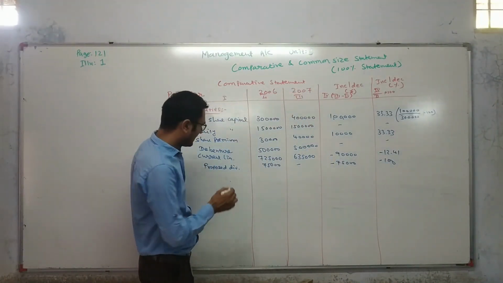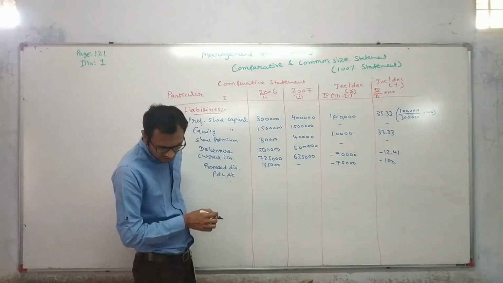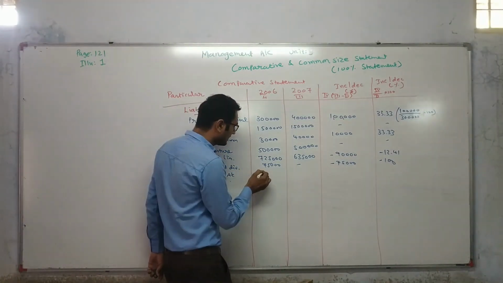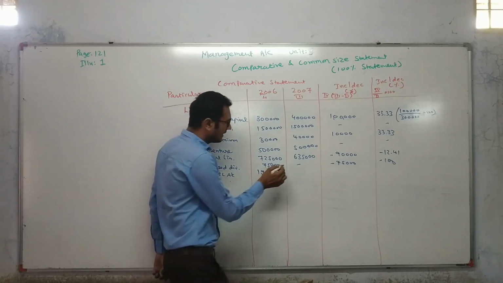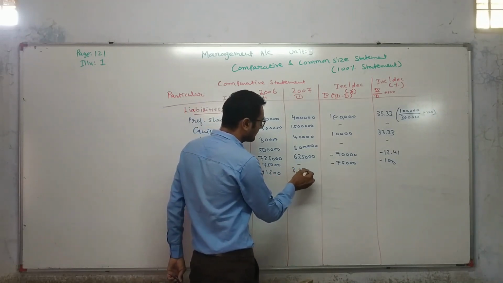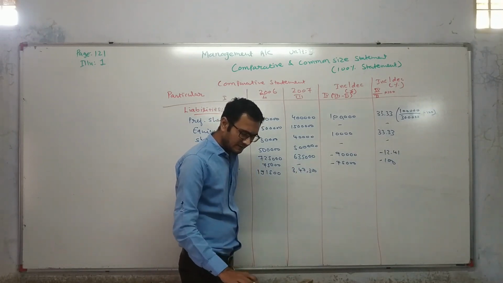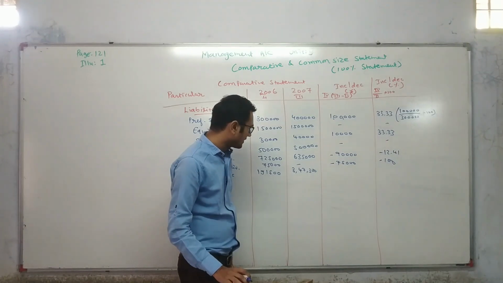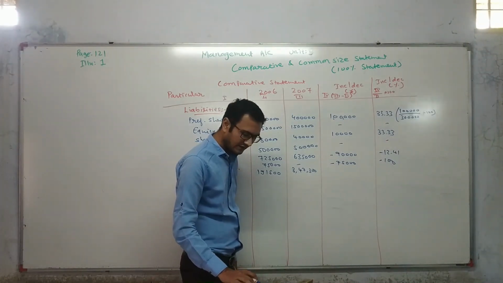And P&L account. 1,91,500 and 3,47,300. So the difference is 3,47,300 minus 1,91,500.